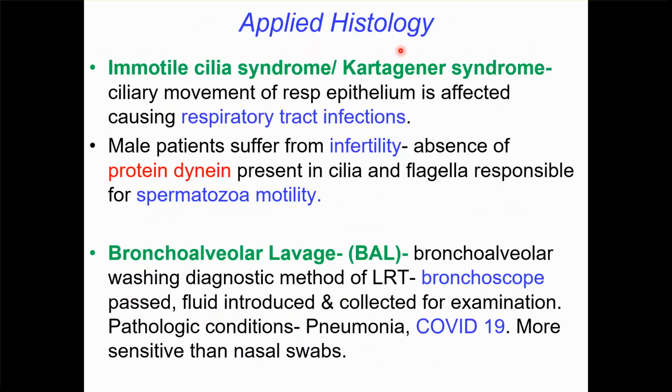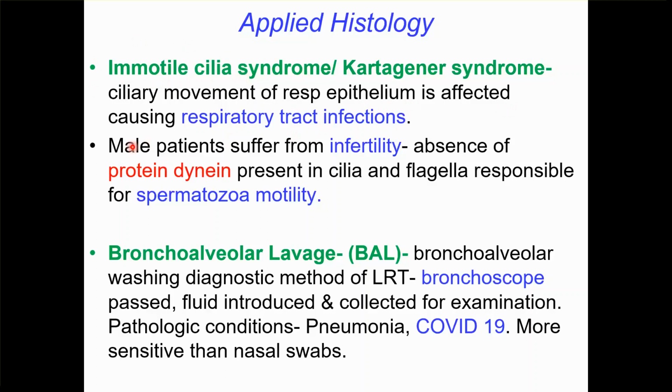Coming to the applied histology, Immotile cilia syndrome, also called as cartilaginous syndrome. Here, the ciliary movement of the respiratory epithelium is affected, causing respiratory tract infections. So the term is Immotile cilia syndrome.